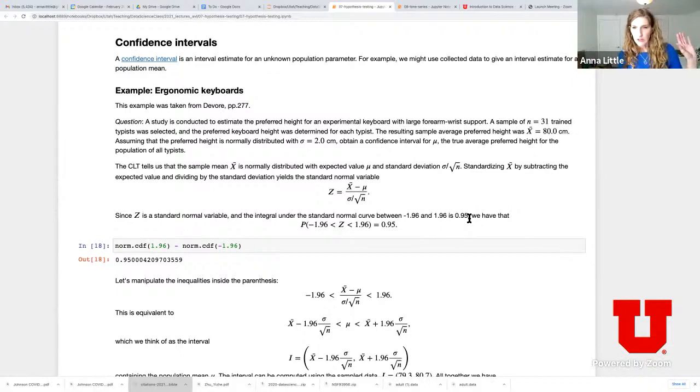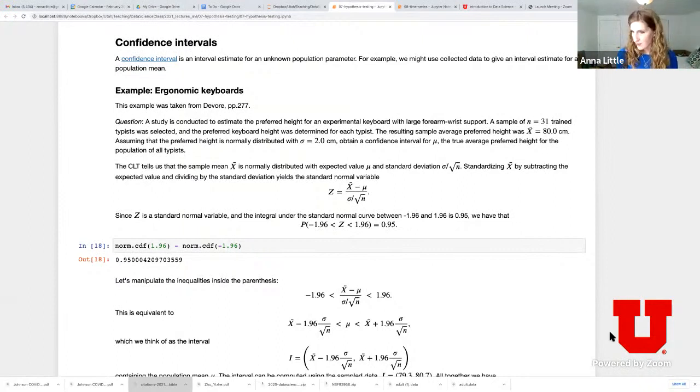Now, I don't expect you to know that off the top of your head, but you can check that if you take a standard normal distribution and look at the cutoffs where I get exactly 95% of the area of the bell, those are 1.96 and minus 1.96. So let's just assume that we know that.